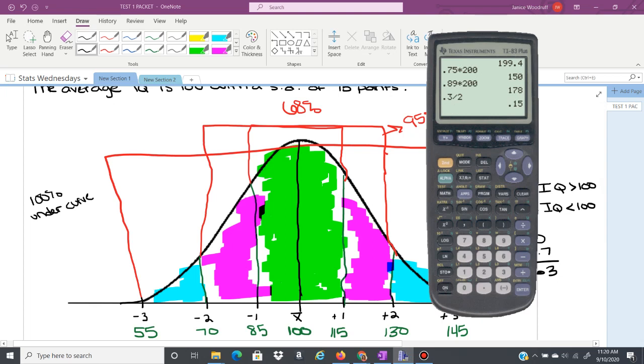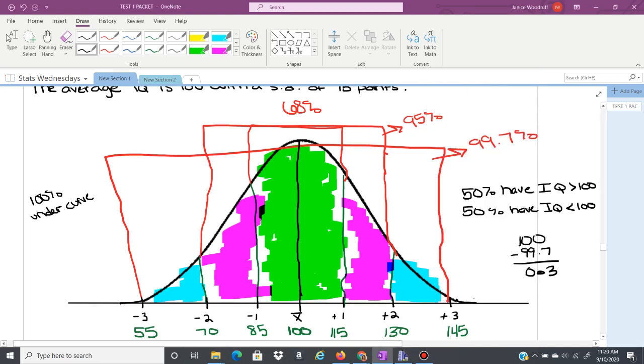I get 0.15, so 0.15 on either one of these. So 0.15% of the population has an IQ over 145, and 0.15% of the population has an IQ below 55.